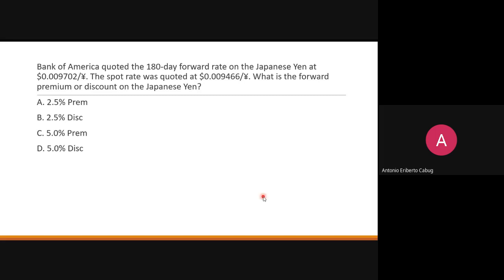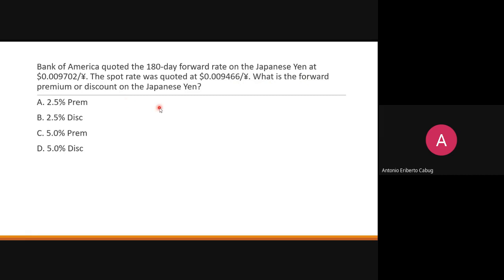Bank of America quoted a 180-day forward rate on the Japanese yen of 0.009702 dollars per yen. Spot rate, 0.009466 dollars per yen. What is the forward premium or discount on the Japanese yen?